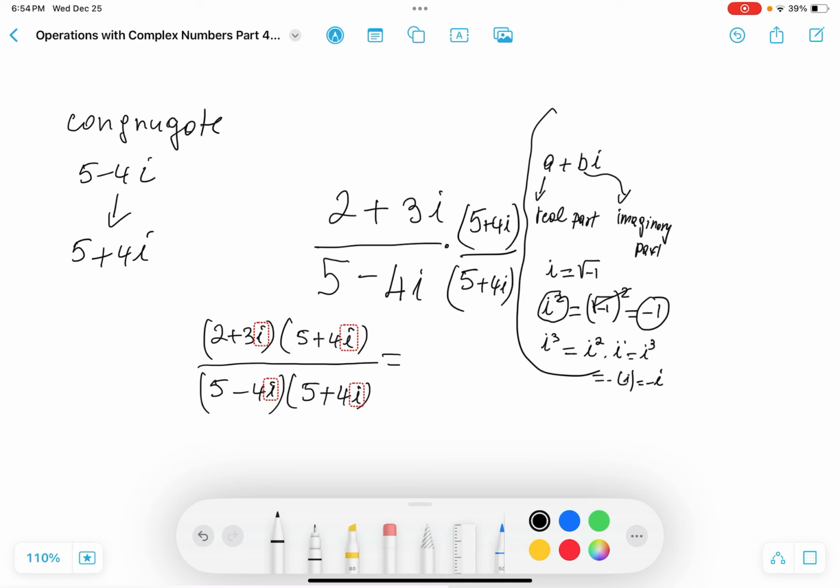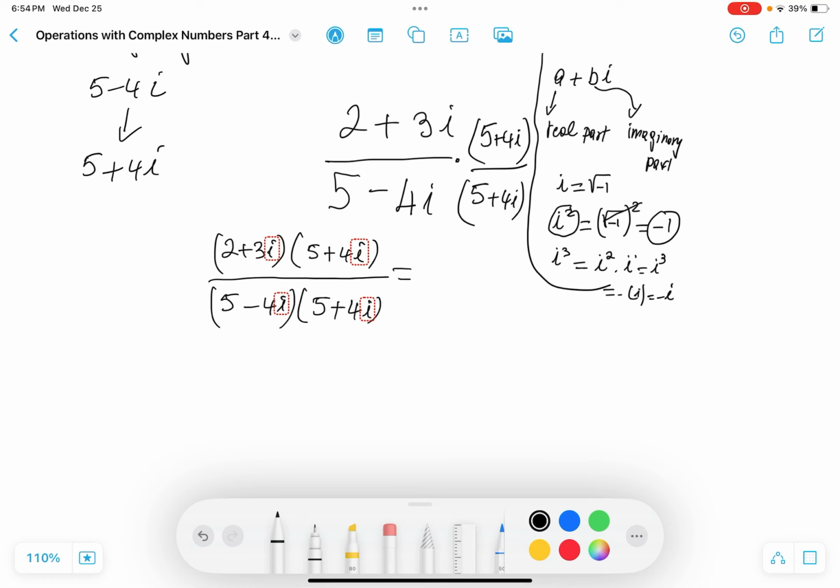Okay, let's go to the next step and do the multiplication. We did that in part 3; this is part 4. 2 times 5 is 10. Then 2 multiplies 4i. 2 times 4 will be 8, but don't forget the i.